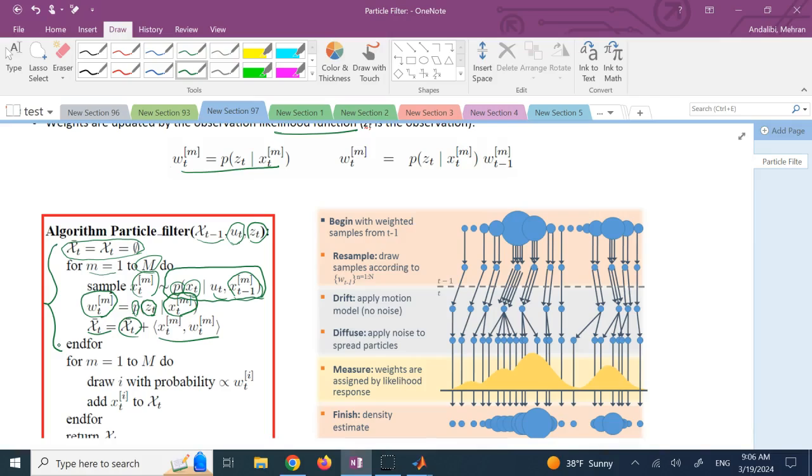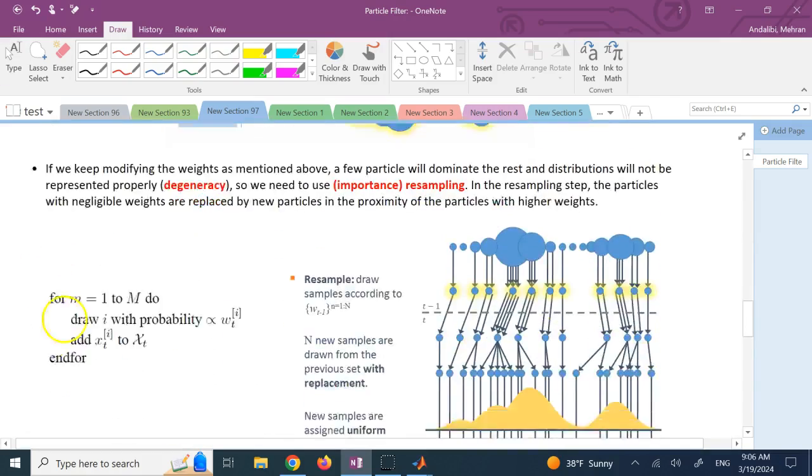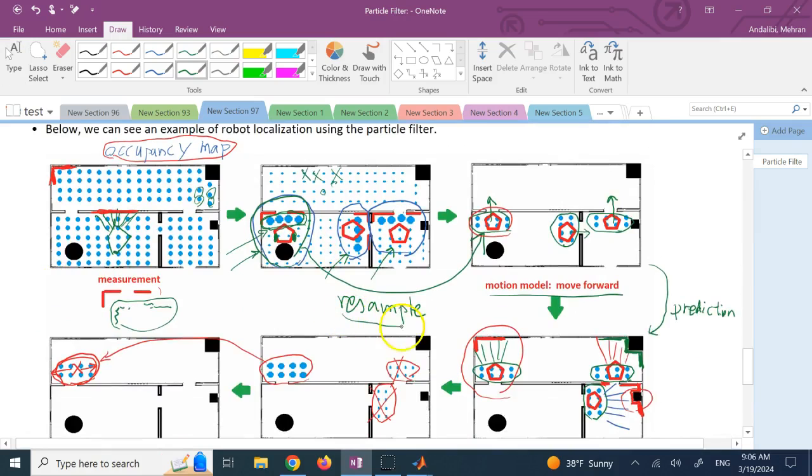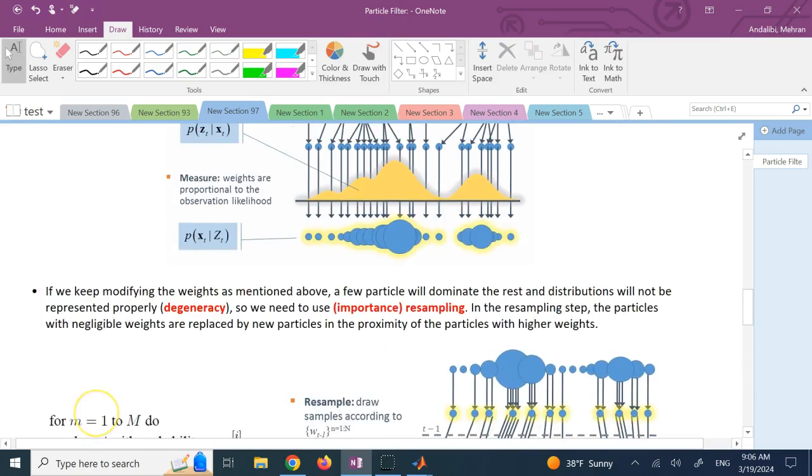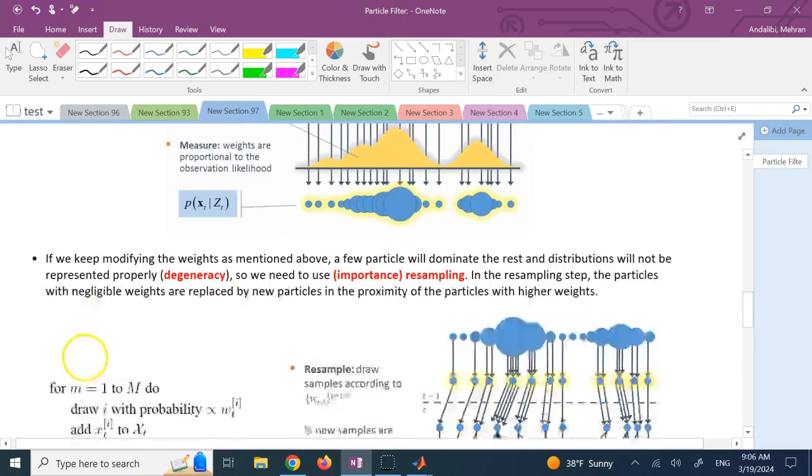And then, remember we had something else that we discussed, and that was resampling. So once you get your updates on the weight and state, now you have to resample. Okay, why do you need to resample? Let's talk about that.